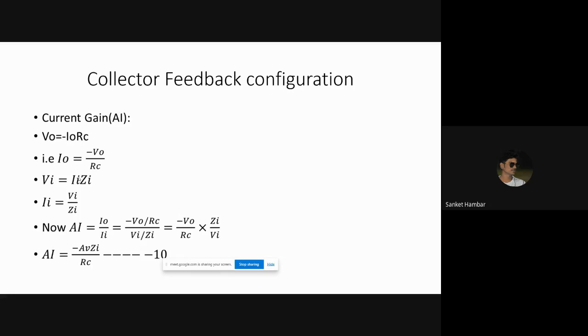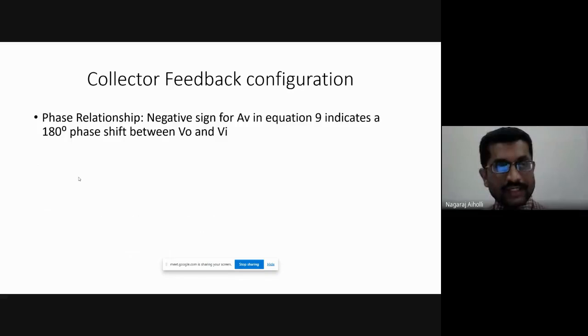Any problem in understanding? No, sir. Okay. And the last one is phase relationship. How to find a phase relationship between input voltage and output voltage? Which equation we should consider here? Which performance parameter we have to consider?